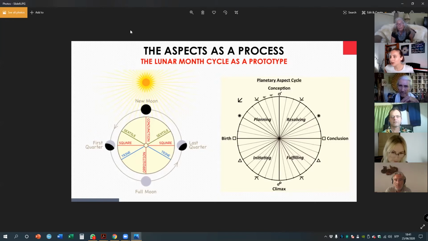Yeah. I wanted to ask you, Dwayne, do you do actual physical dancing, is that what you're saying? Yeah, absolutely. Do that at all the different junctures, or just at the new moon and full moon? Well, what I'm suggesting is that to dance the cycle is a good way to really get the archetype in your body.